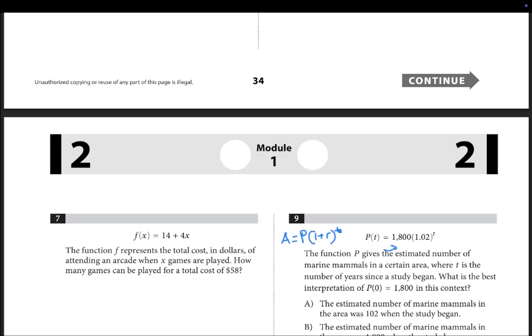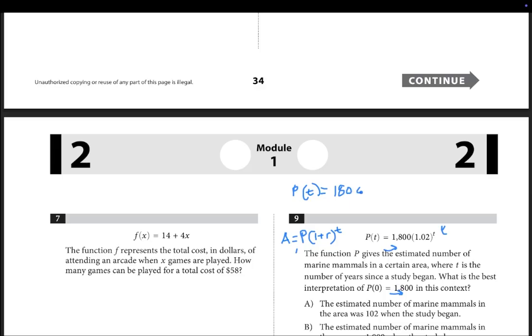So it says, what is the best interpretation of p of 0 equals 1,800 in this context? So we know that the function p represents the estimated number of marine mammals in a certain area. And we know we can get 1,800 when t is equal to 0 in this equation. So I'm going to draw this out real quickly just to show you guys what it means.